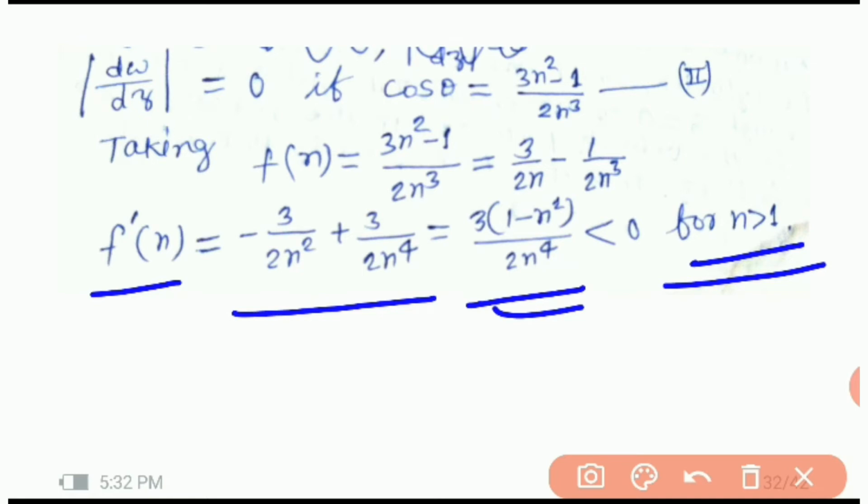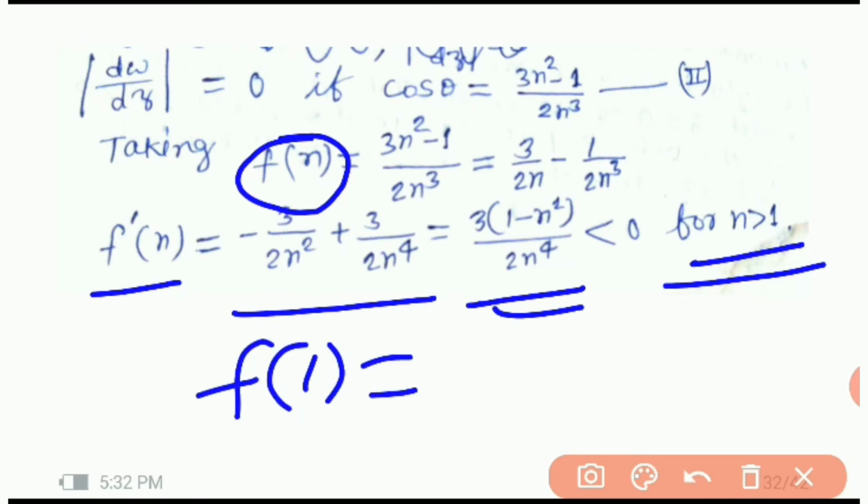And thus f(n) is a monotonically decreasing function. Now f(1) is equal to 1. We take f(1), then we get (3 − 1) is 2, divided by 2, which is equal to 1.